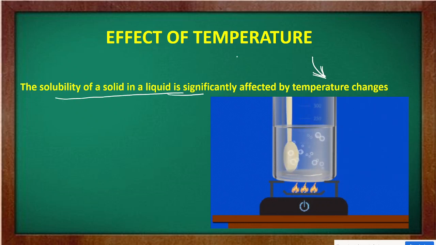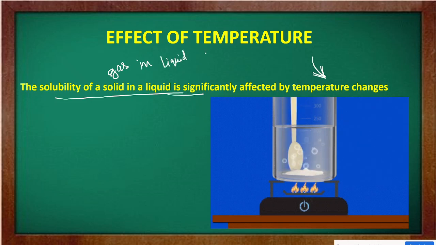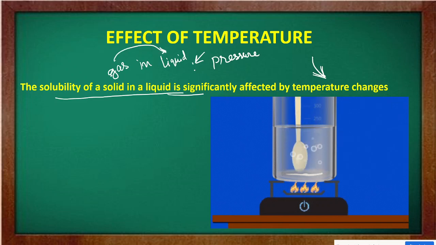It means that the solubility of a solid in liquid is highly affected by temperature. But if you remember, the solubility of gas in liquid was affected by pressure. So now try to draw an analogy between these two, that as the temperature will increase, the solubility of gas in liquid will decrease. मतलब जैसे जैसे temperature बढ़ेगा, the solubility of gas in liquid ये कम होगा.